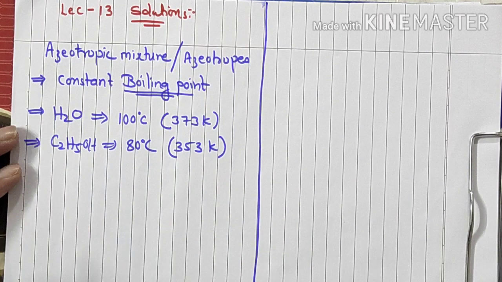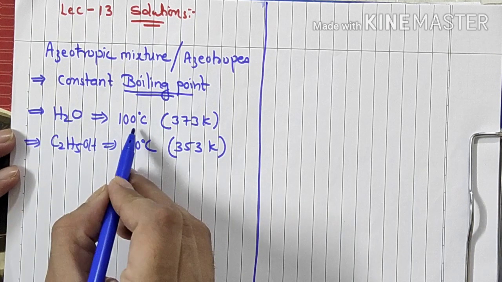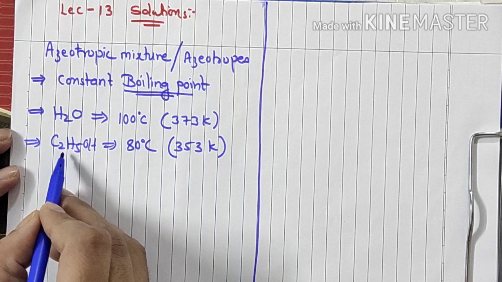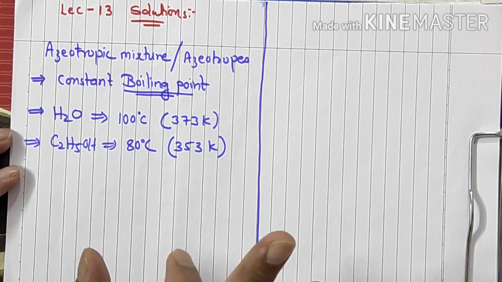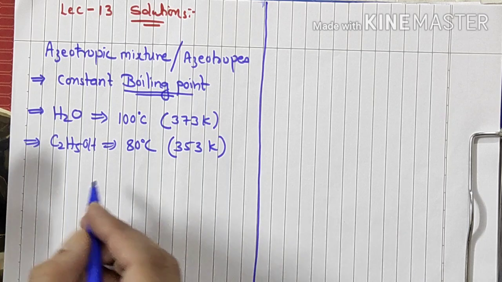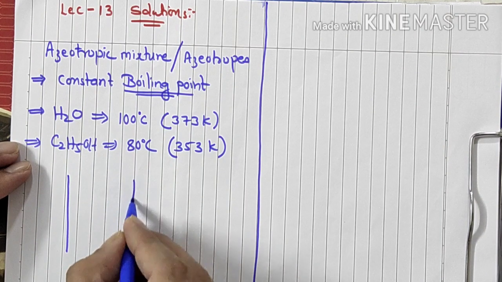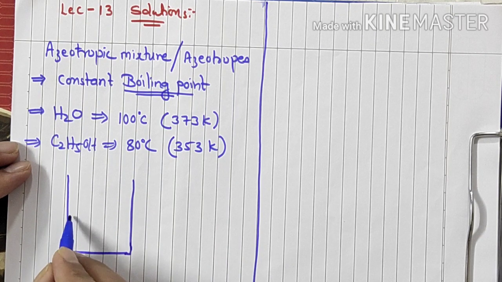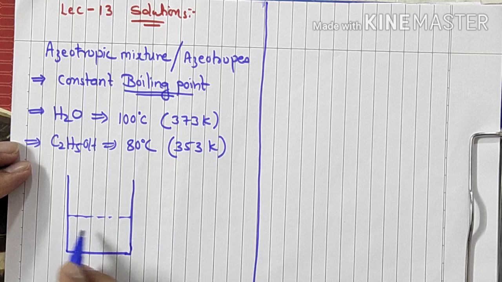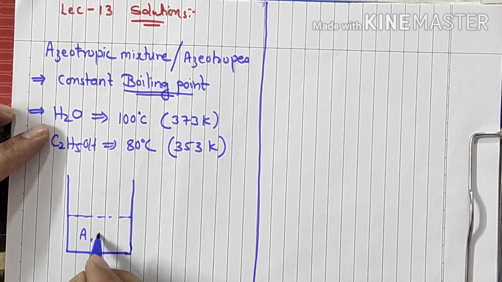Now student, pure water will boil at 100 degrees Celsius, and pure alcohol will boil at 80 degrees Celsius. What will happen if I take a mixture of alcohol, I write A, and water, I write W?